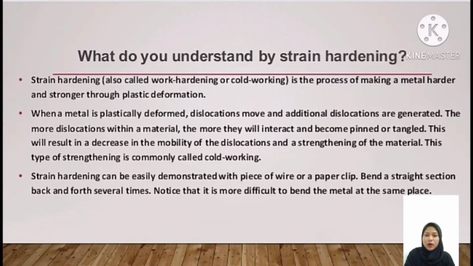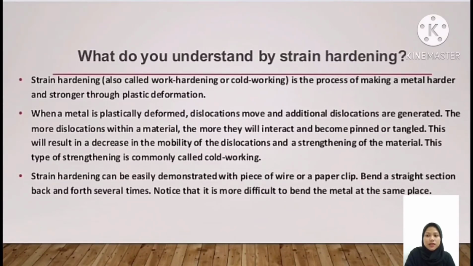Next question. What do you understand by strain hardening? Strain hardening, also called work hardening or cold working, is the process of making a metal harder and stronger through plastic deformation. When a metal is plastically deformed, dislocations move and additional dislocations are generated. The more dislocations within a material, the more they will interact and become pinned or tangled.